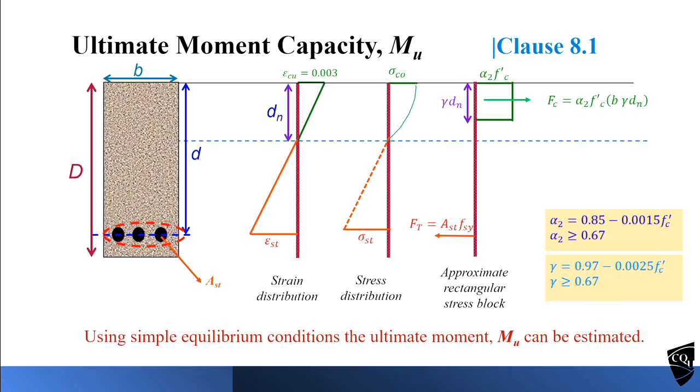So then if you have the strain distribution, we should be able to get the stress distribution. The concrete stress distribution is a parabola under compression. That I draw. Under tension, we said there is no tensile strength, so there is no stress distribution below the neutral axis for concrete.